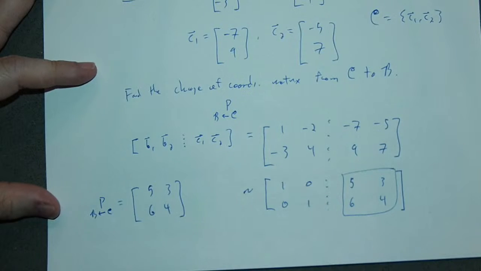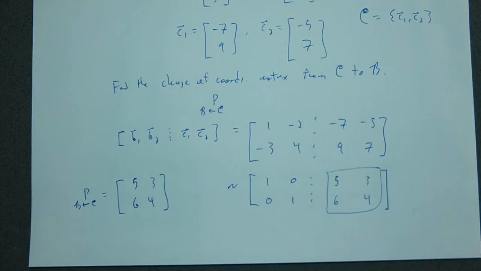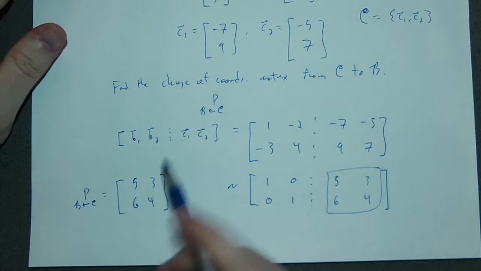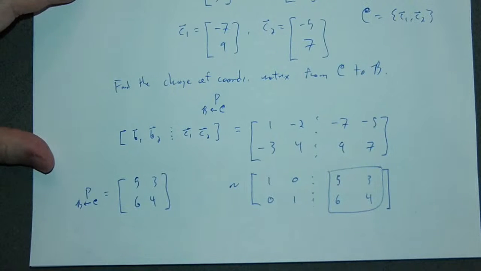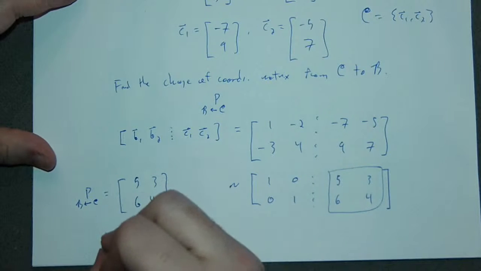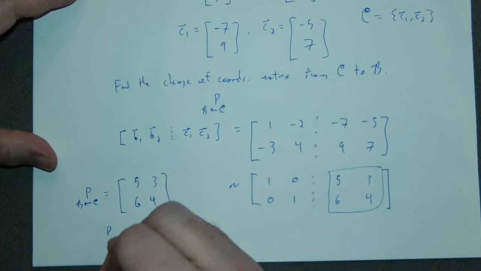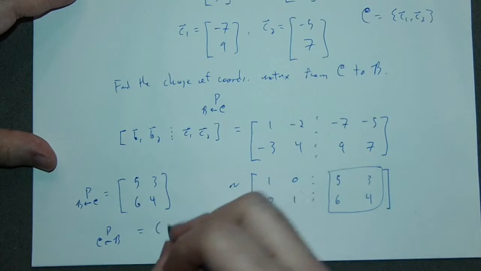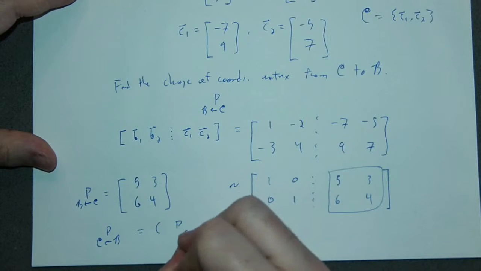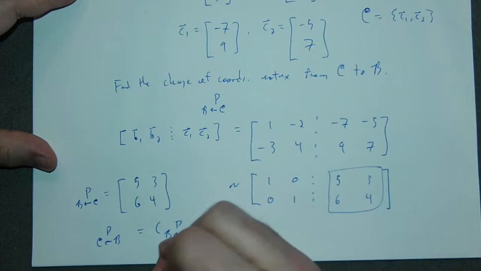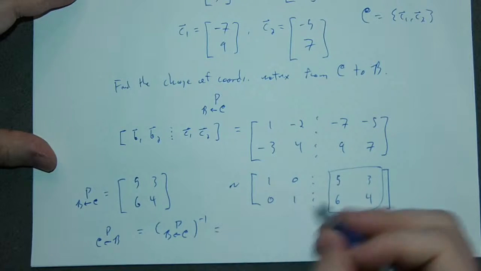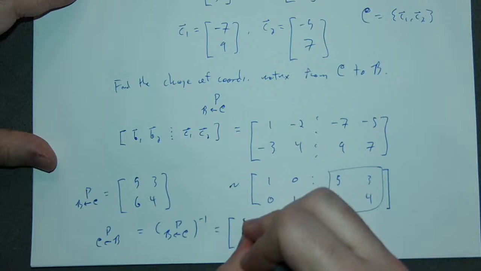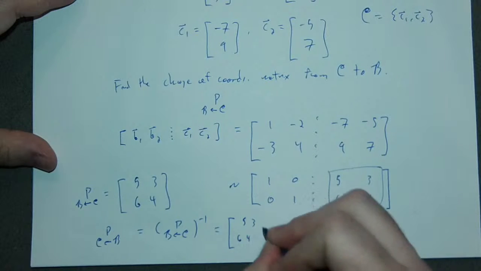Let's say that for whatever reason I wanted the change of coordinates matrix going the other direction, and I'd already found this. Then the change of coordinates matrix that goes from B to C is actually just the inverse of the change of coordinates matrix that goes from C to B. So it's just this matrix, 5, 3, 6, 4, inverse.